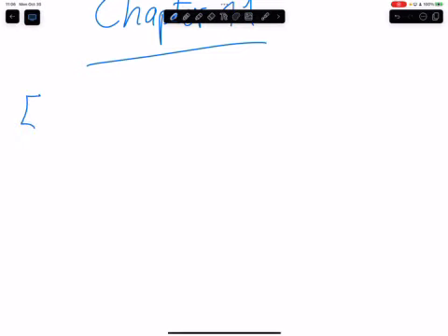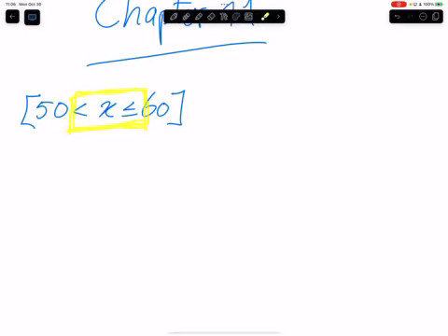So I start from 40, no 50. Remember how to look for the notation. Do not forget the notation.